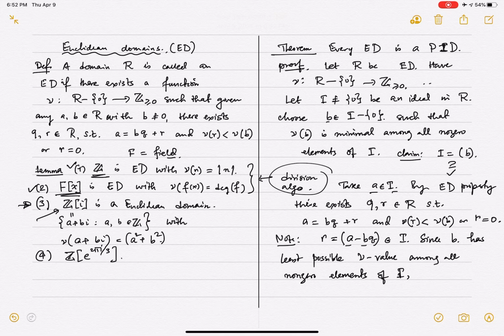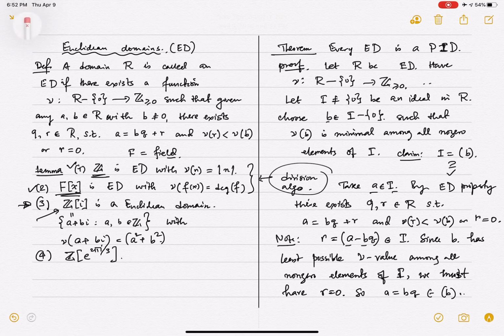If R was non-zero, then R would be a non-zero element of I which has even lower nu value. We must have R equal to 0. And that shows A is BQ. So that's in the ideal generated by B.